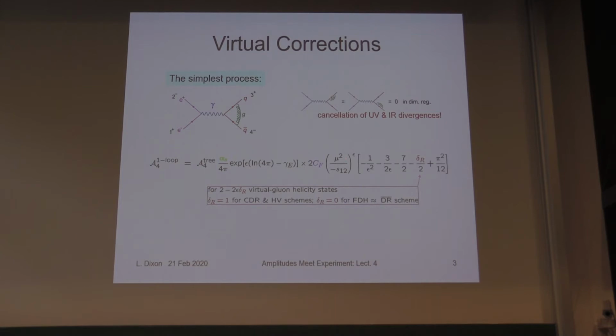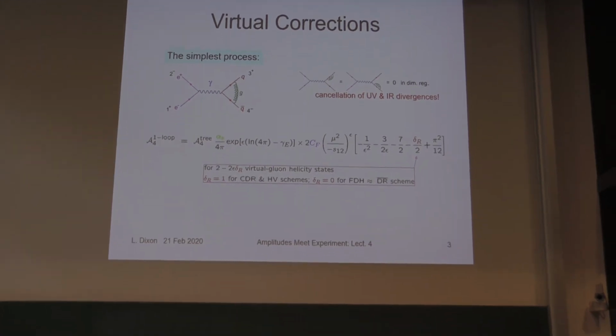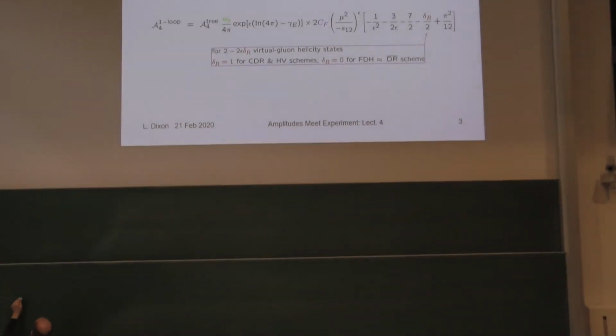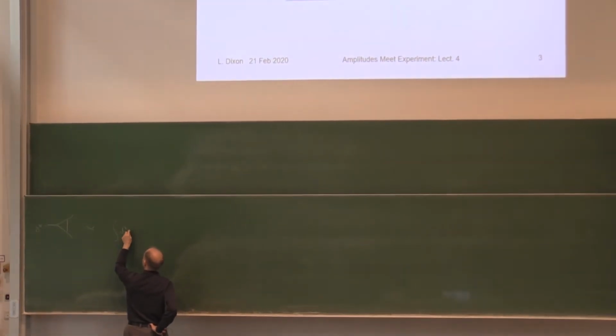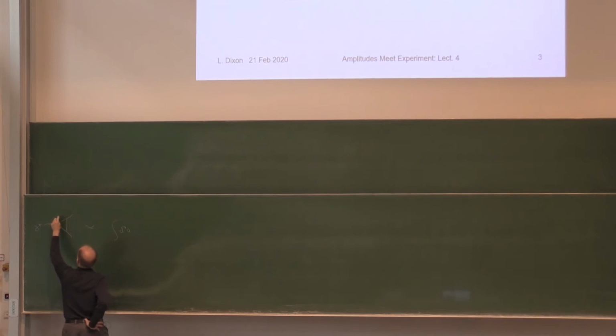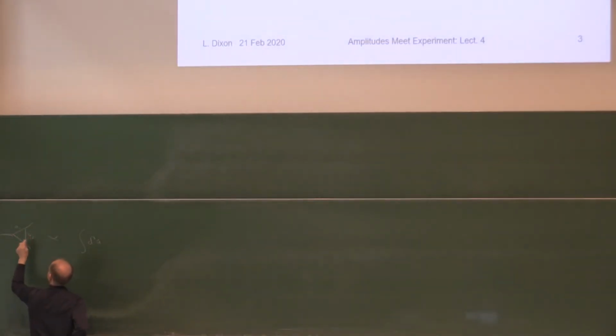In fact, all the worst divergences are contained in the scalar integral with the same kinematics, which has a form. I'm not going to put all the factors in, but when you Feynman parameterize it, I'll call the Feynman parameters A1, A2, and A3.